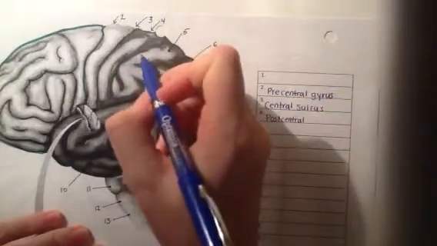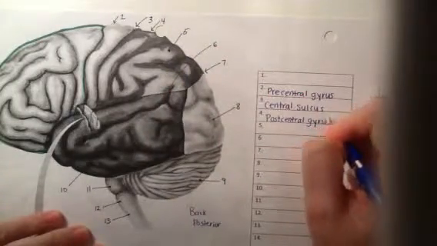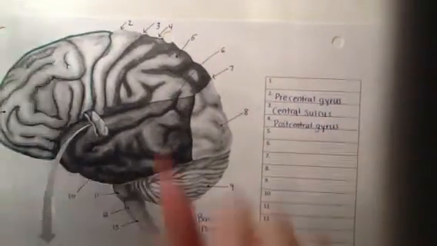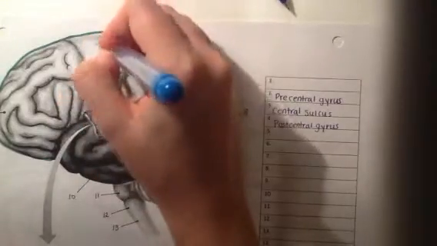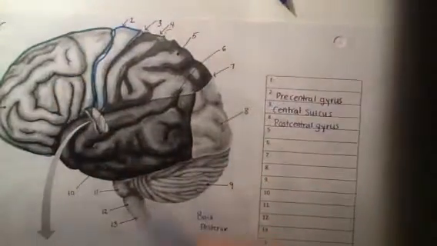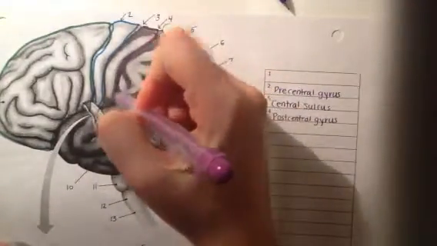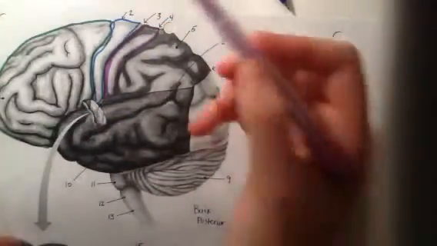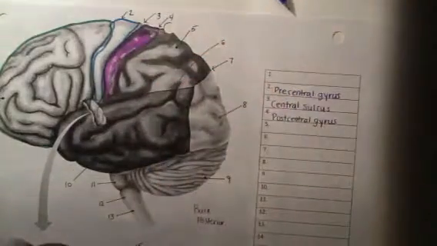And since it is a bump, not a groove, it's called a gyrus. Okay, and I will outline those 2. So number 2 here is the precentral gyrus, and number 4 is the post-central gyrus. Okay, and I could kind of color those in. You can see.